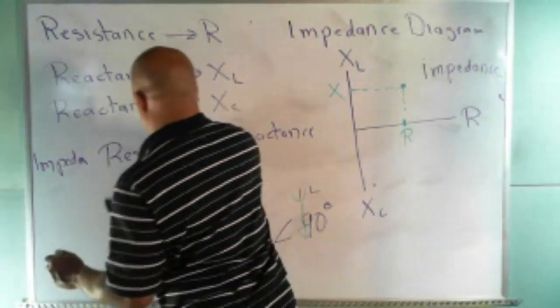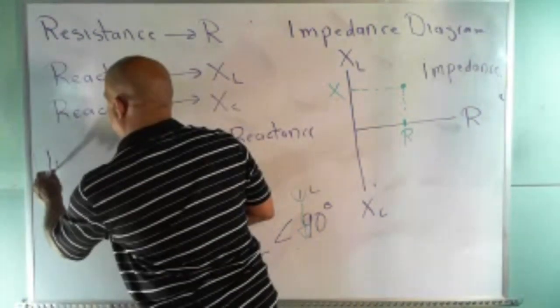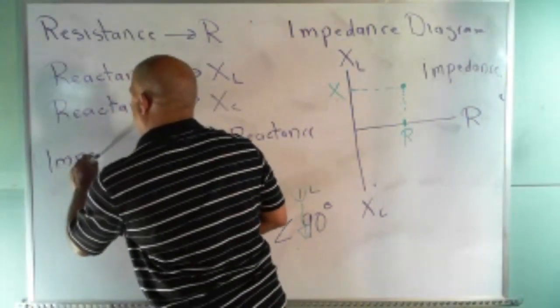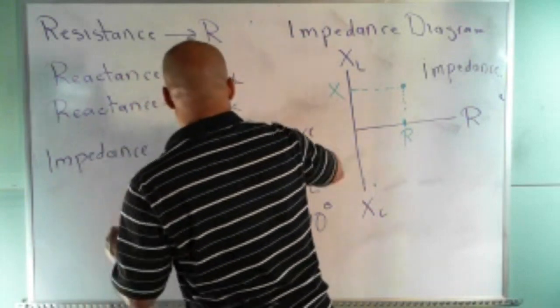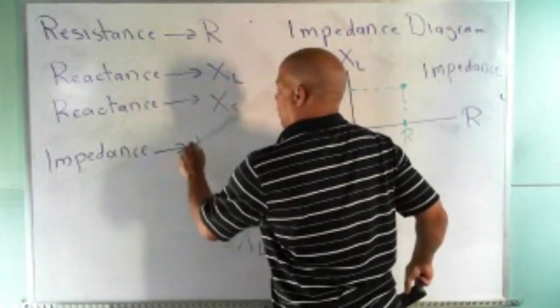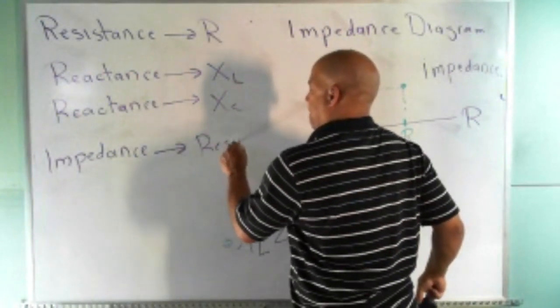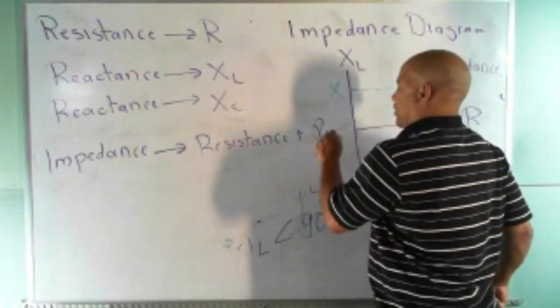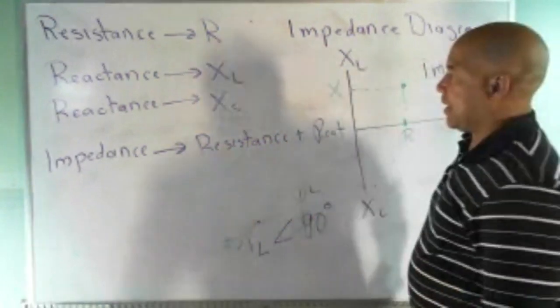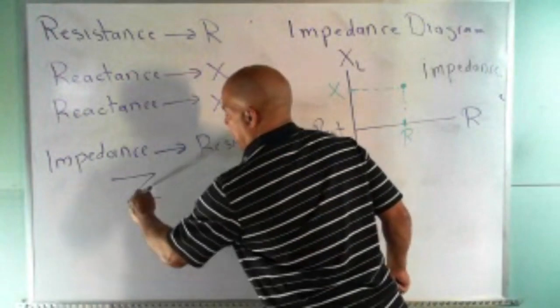I can't fit that in there. Okay, so this is resistance plus reactance, and I use the symbol Z for impedance.